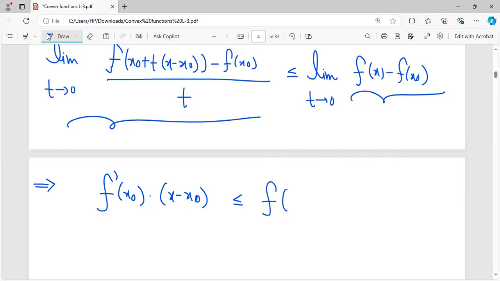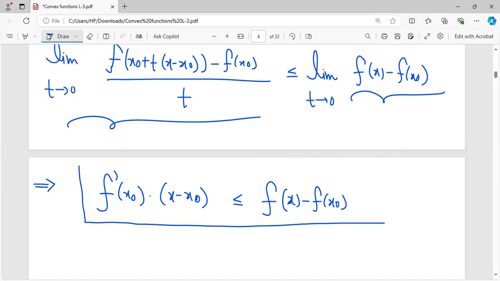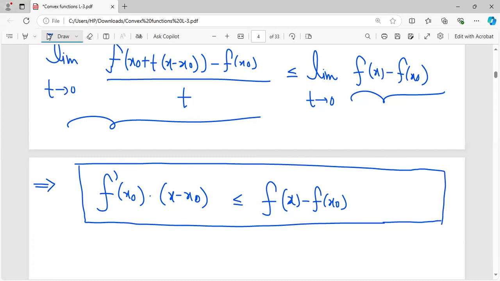This will remain as it is, so this is independent of T. So we have this from equation number 2, for all x belonging to I. So this is proved.